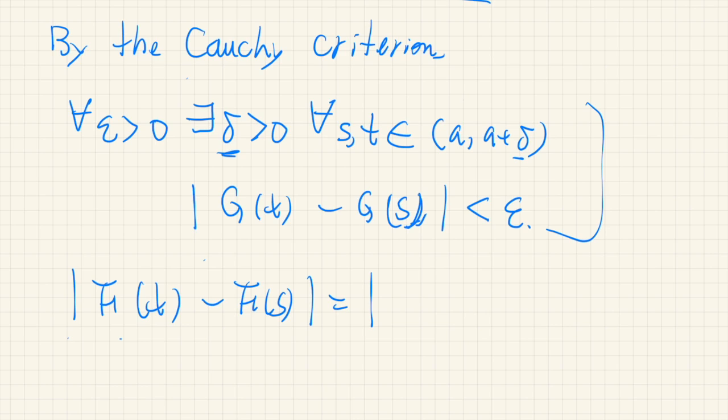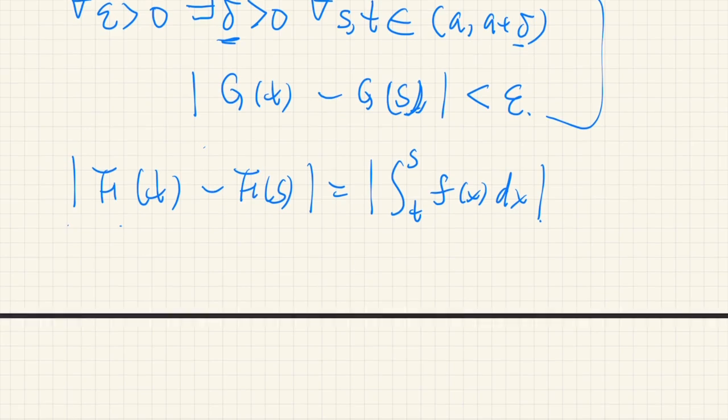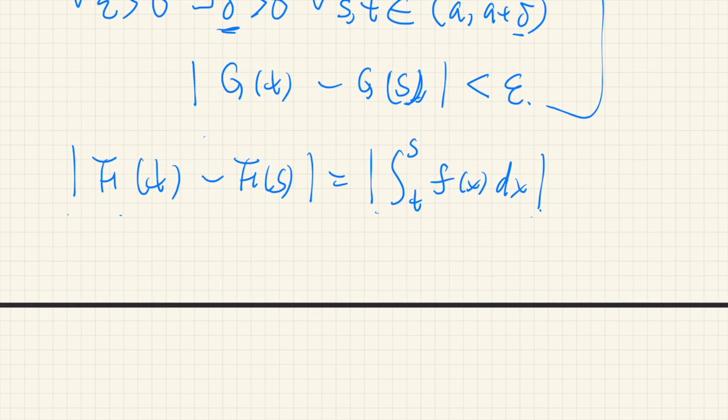By the fundamental theorem of calculus, this becomes the integral from t to s of f of x dx. Now, this absolute value of the integral is less than or equal to the integral of the absolute value of f of x.